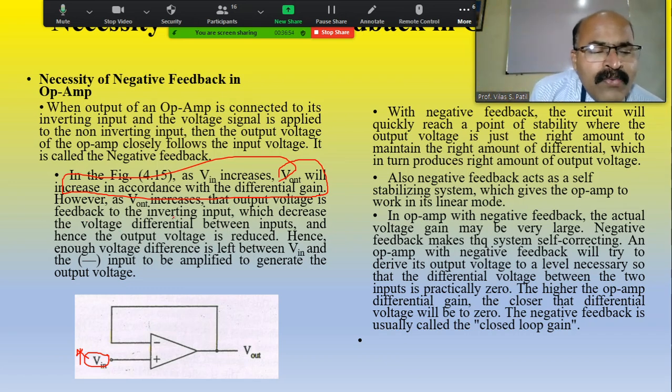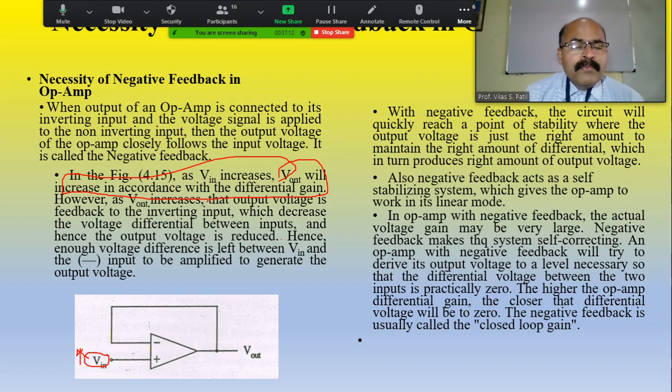However, as Vout increases, that output voltage is fed back to the inverting input, which decreases the voltage differential between the inputs, and hence the output voltage is reduced.